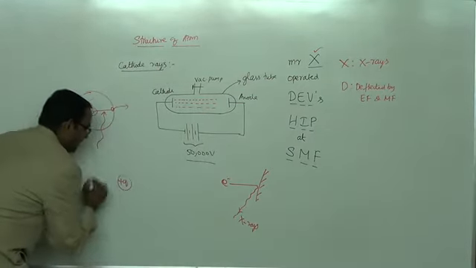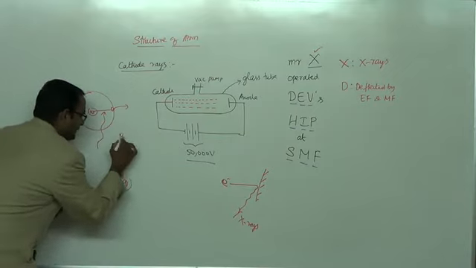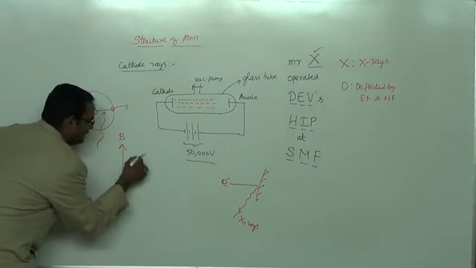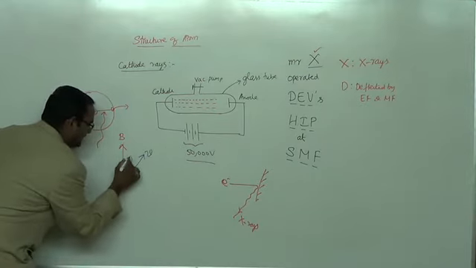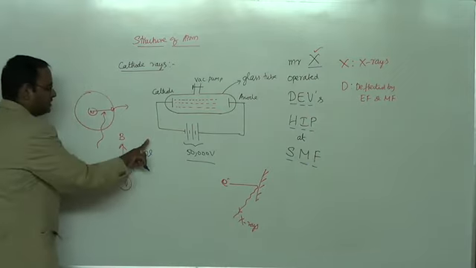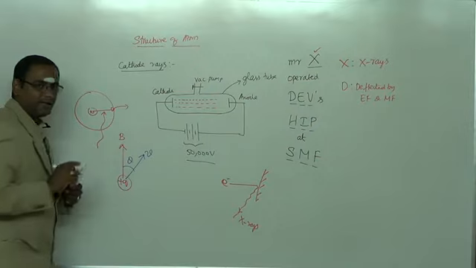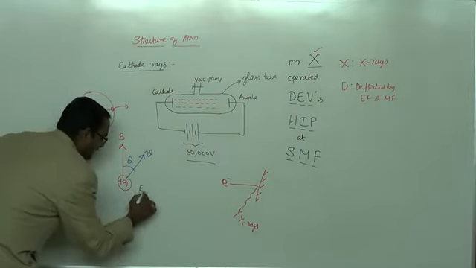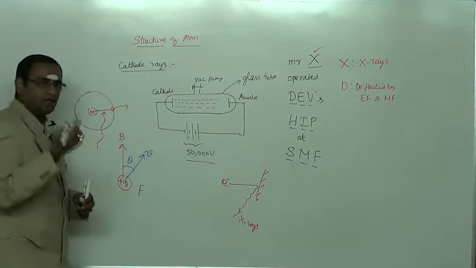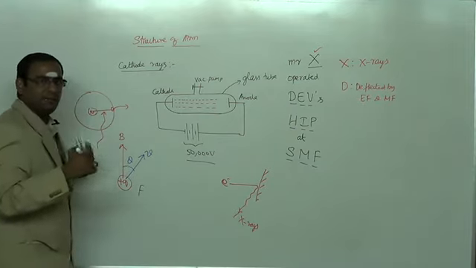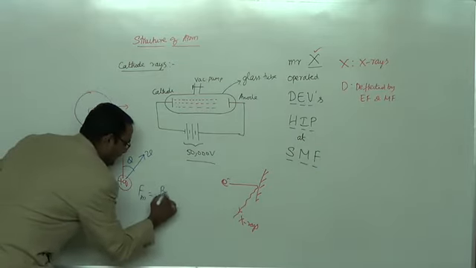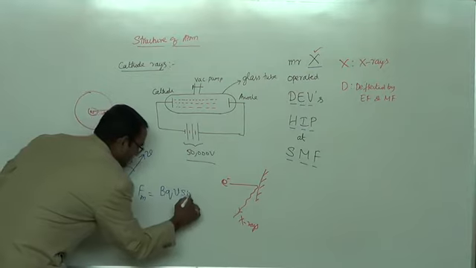This is a charge q which is placed in a magnetic field B, and the charge is moving with a velocity v at an angle theta with respect to the magnetic field. Then the magnetic field will exert a force on this charge, and the force experienced by this charge is given by Fm equal to B q v sin theta.